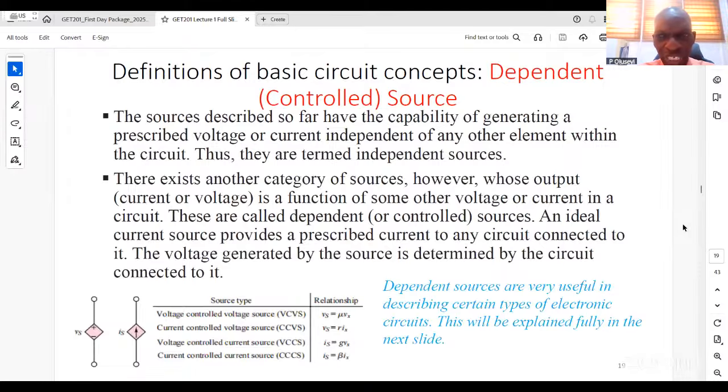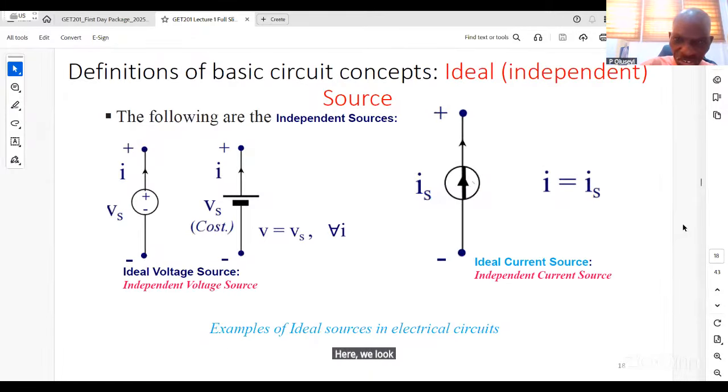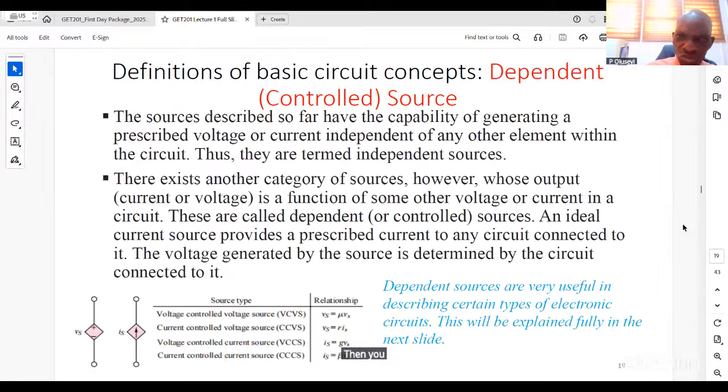Then we have another piece of information that I need to pass on, and it has to do with dependent sources. We have looked at independent sources, which are the ideal sources. Then you have the dependent sources, which we call the controlled sources.